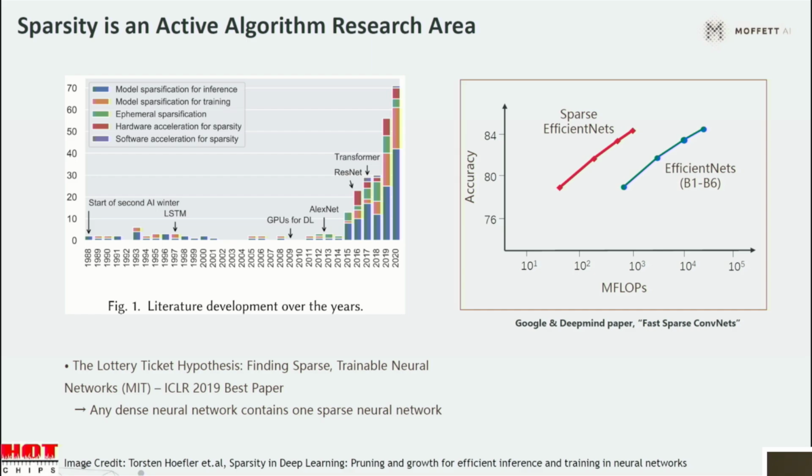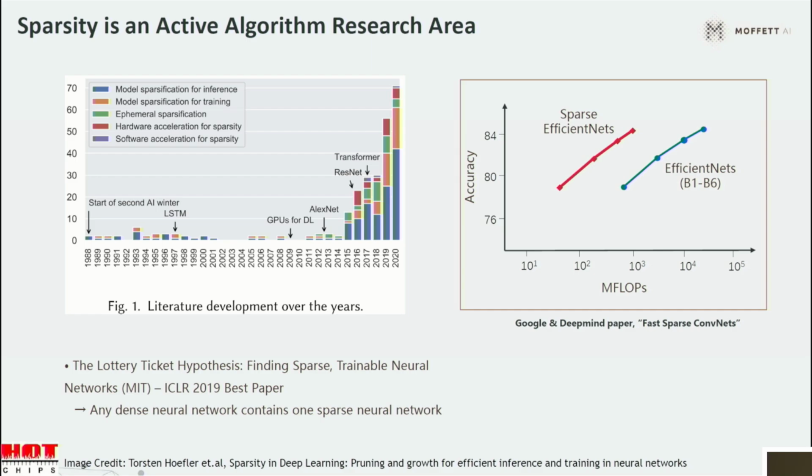If we keep the accuracy constant, the sparse EfficientNets can have much less computation FLOPs compared to the dense EfficientNets. And if we keep the FLOPs constant, as we can see here, the sparse EfficientNets can achieve much higher accuracy than the dense EfficientNets.